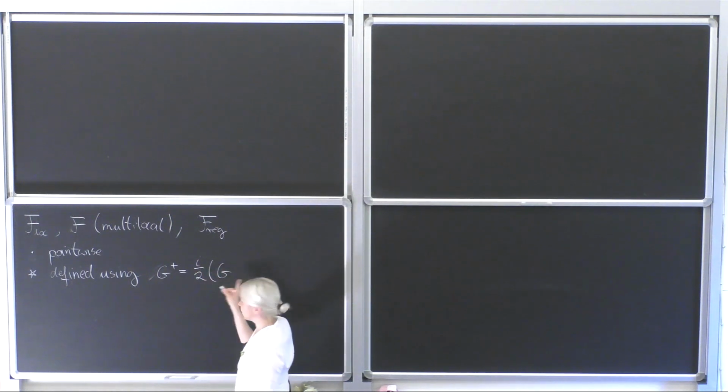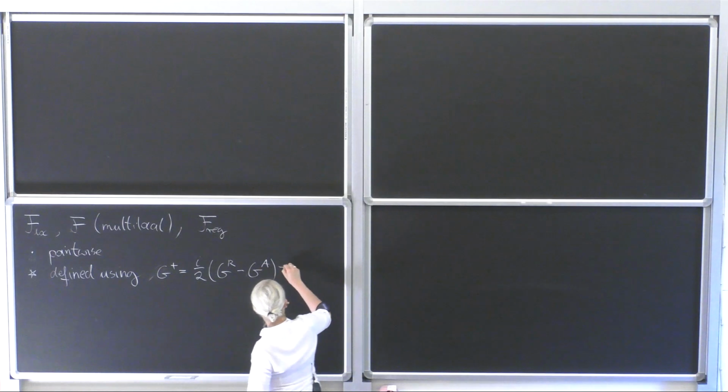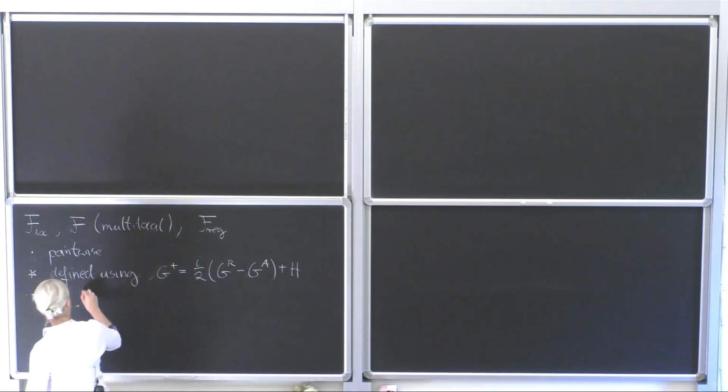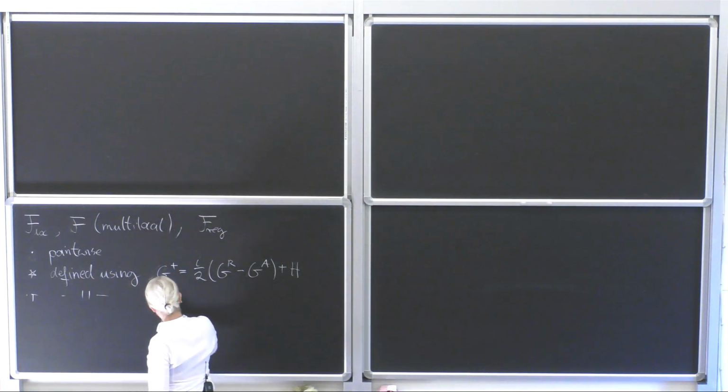The antisymmetric part is proportional to the difference between retarded and advanced propagators, and there is some symmetric piece. And then there was the time-ordered product, which was defined using the Feynman propagator.